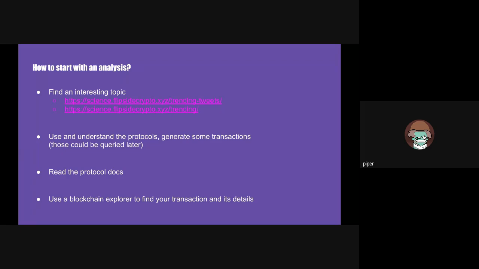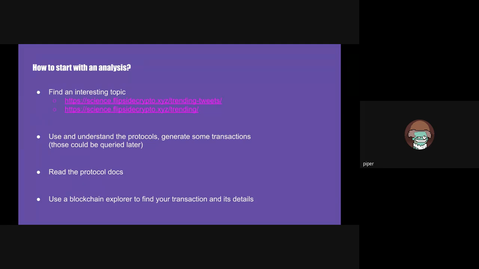If you have chosen a topic, for example, you want to make a deep dive for a protocol, for a DeFi platform, usually the first thing you should do is really use the platform, use the protocol, play with it, make some transactions, maybe with some very low amount of tokens, just to try it out.